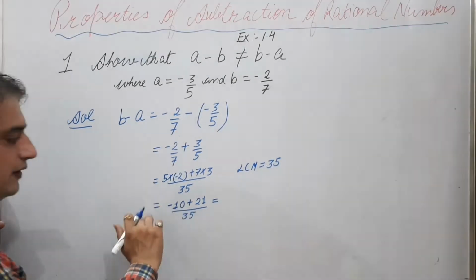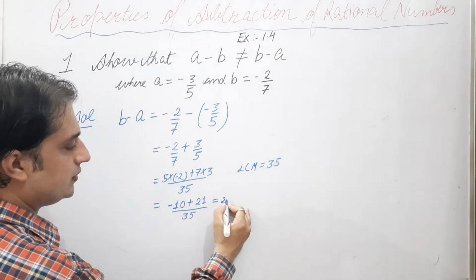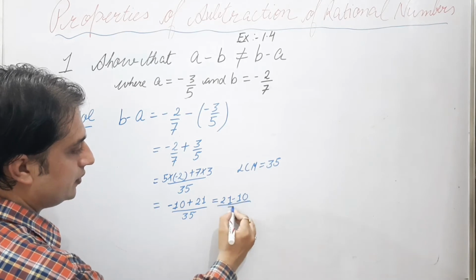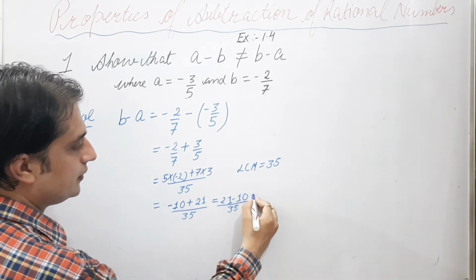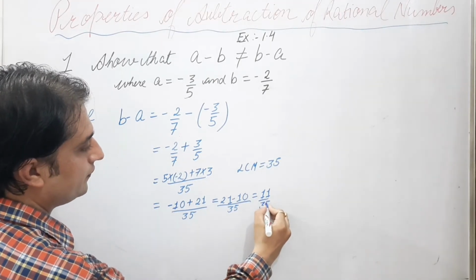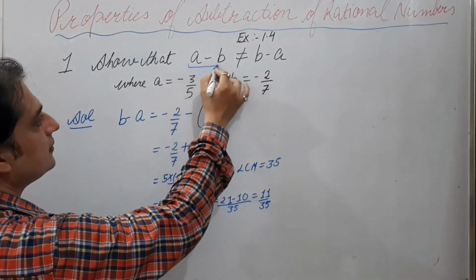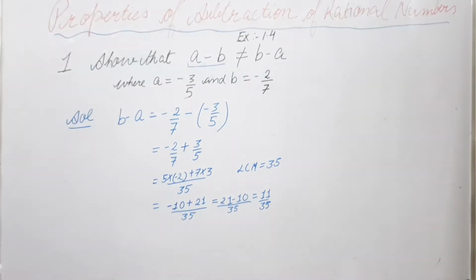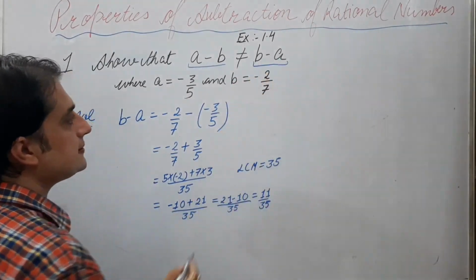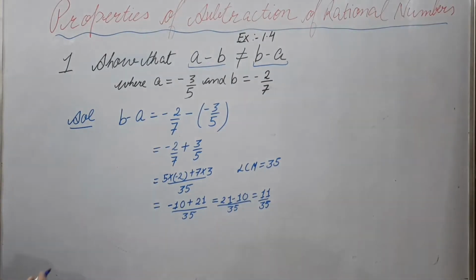So 21 minus 10 upon 35. So the answer is 11 upon 35. So in this case, the answer is minus 11 upon 35. And in this case, the answer is 11 upon 35.